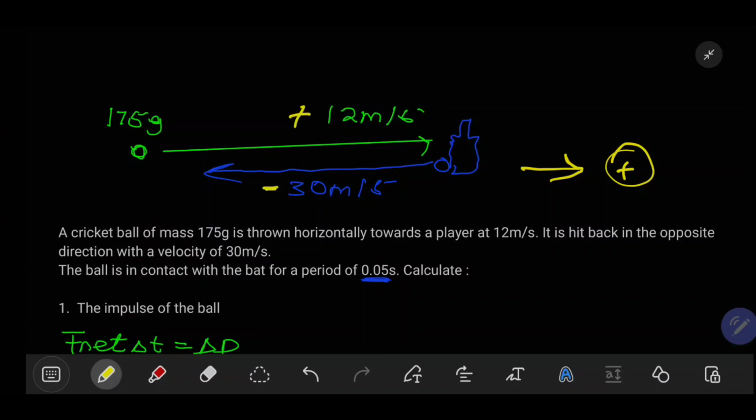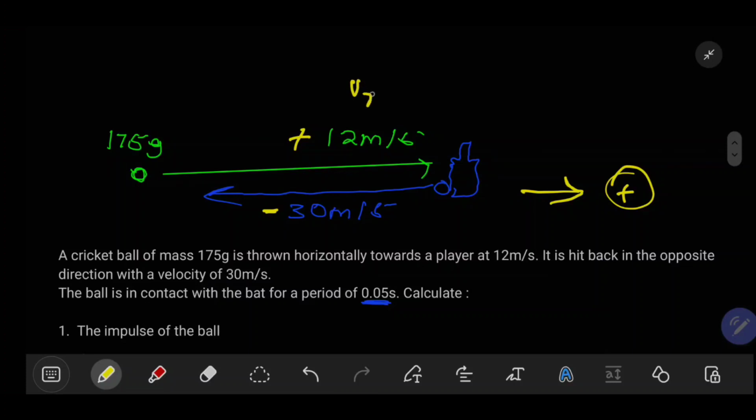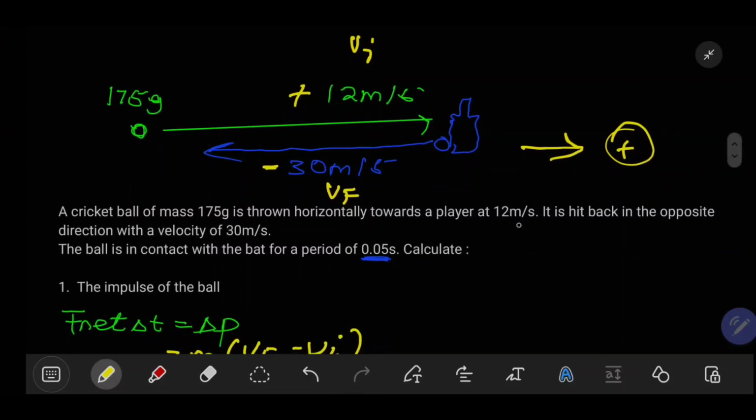Now we are good. We know that this is mass times V final minus V initial. Initially this was our velocity, and this is our final velocity. Remember that the SI unit for momentum is kg meter per second.